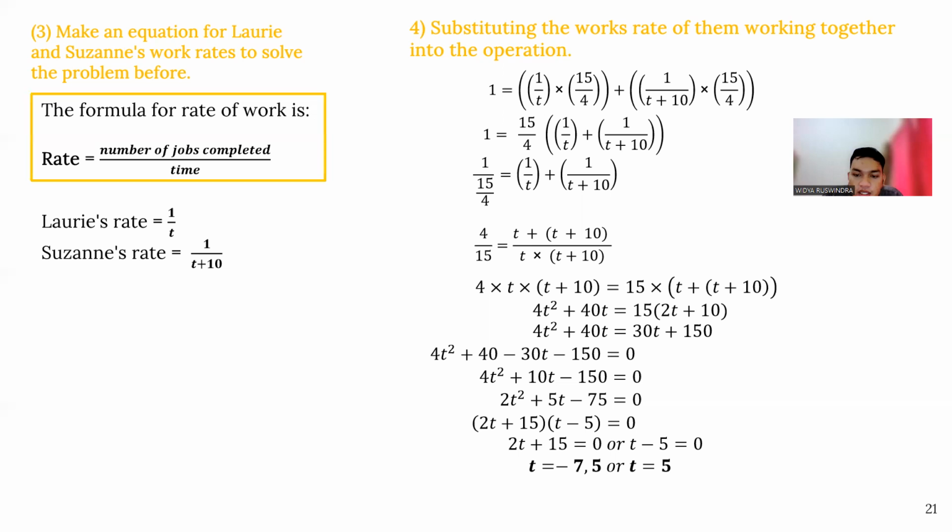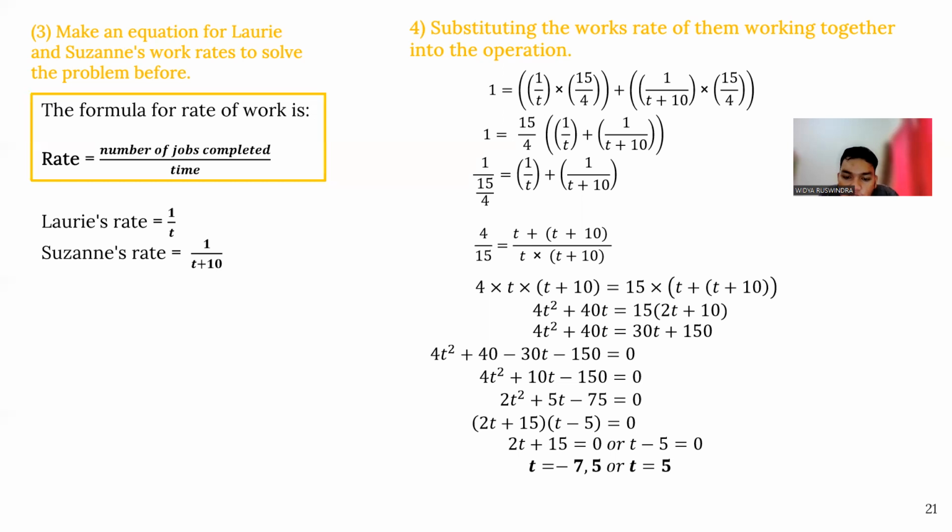We subtract both sides by 30t and 150, and we get 4t squared plus 40t minus 30t minus 150 equals 0. 40t minus 30t is 10t, so 4t squared plus 10t minus 150. Dividing all by 2, we get 2t squared plus 5t minus 75 equals 0.